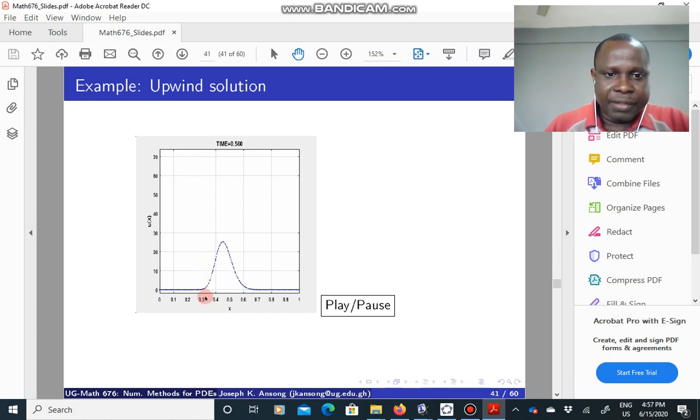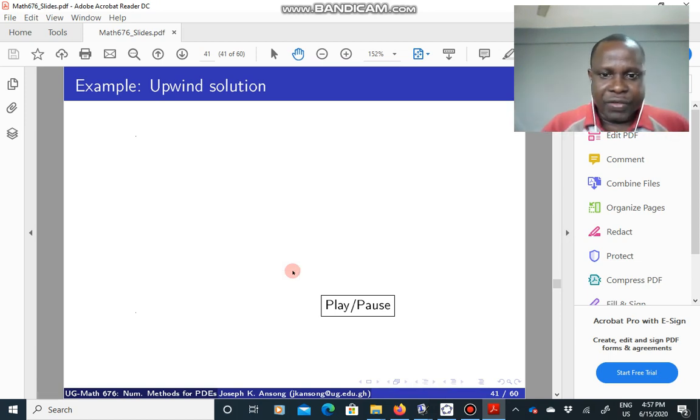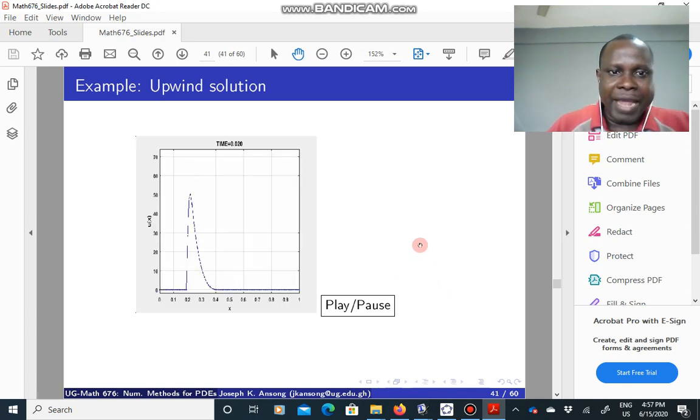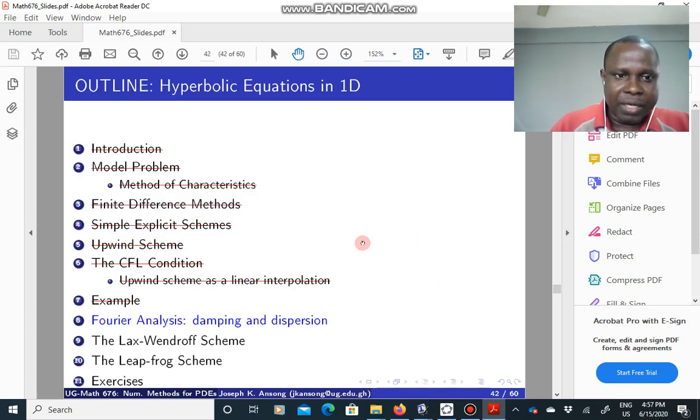We'll discuss why there is damping and dispersion. Dispersion is this thing getting wider, it doesn't retain the shape that it starts with, and it's also decreasing as it goes. Why is that the case? We'll look at that.